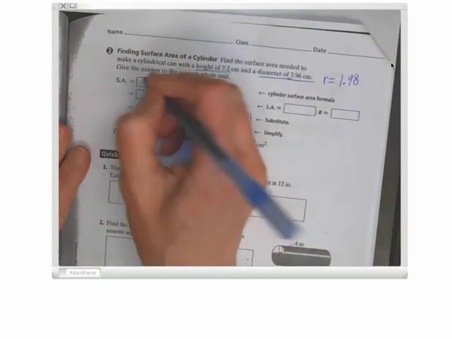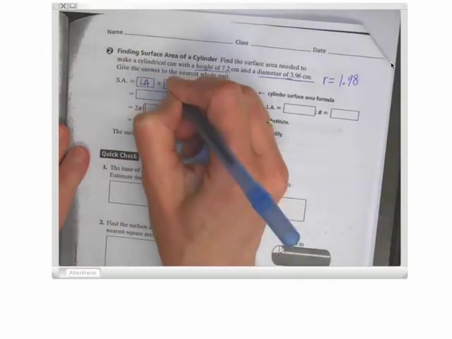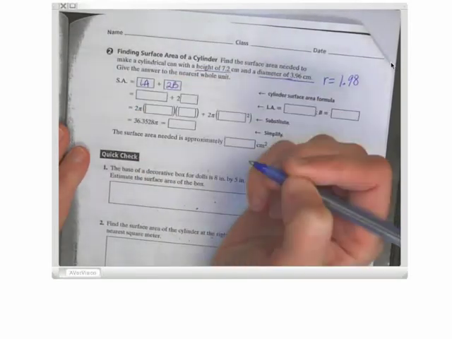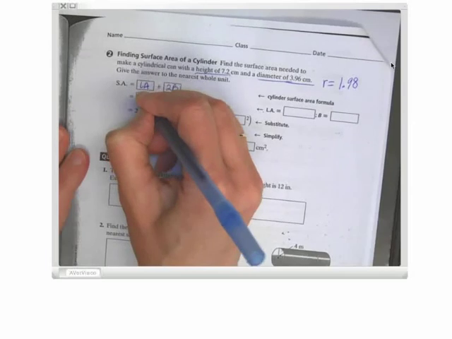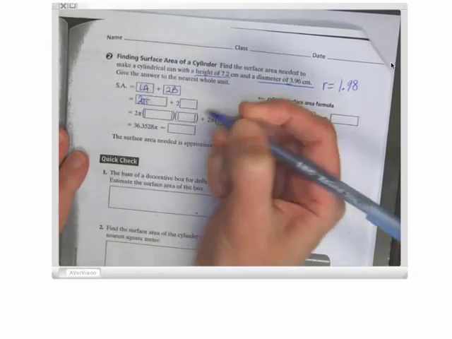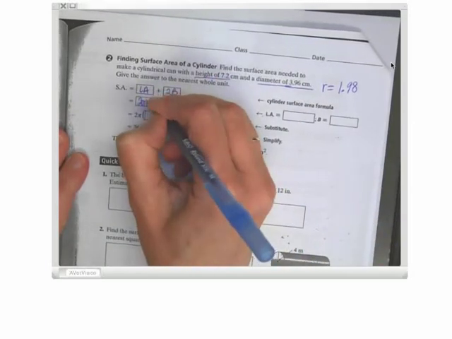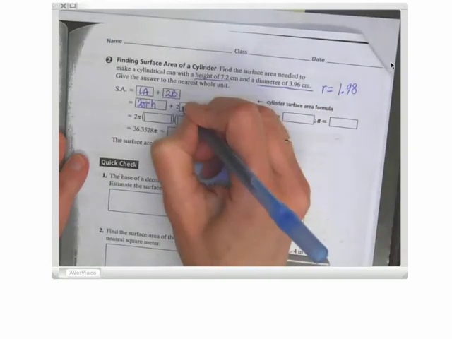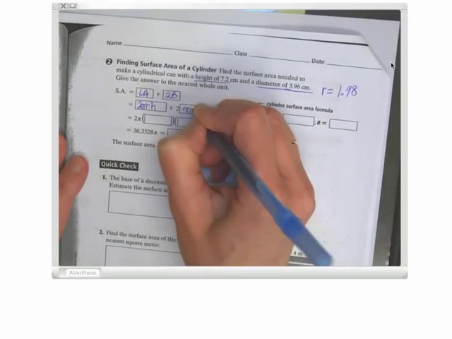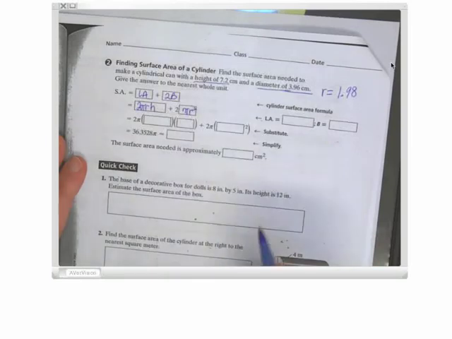Okay, surface area is lateral area plus 2 times the area of the base. Lateral area of a cylinder is 2 pi r, which is its circumference, times the height, plus 2 times the area of a circle, which is pi r squared.